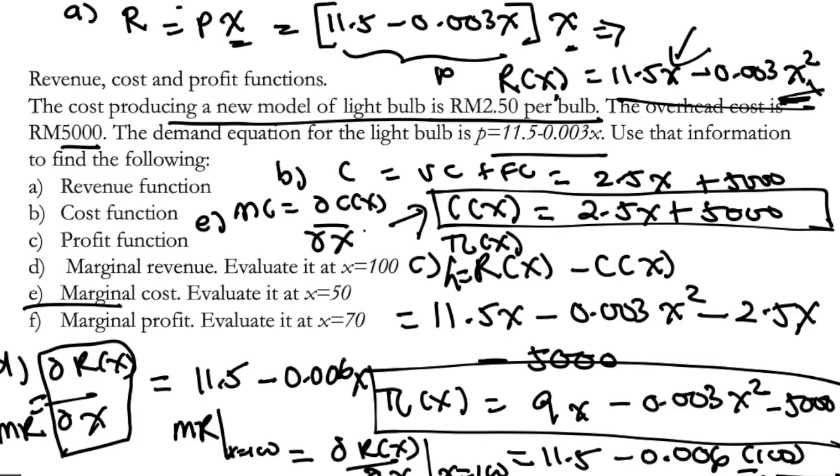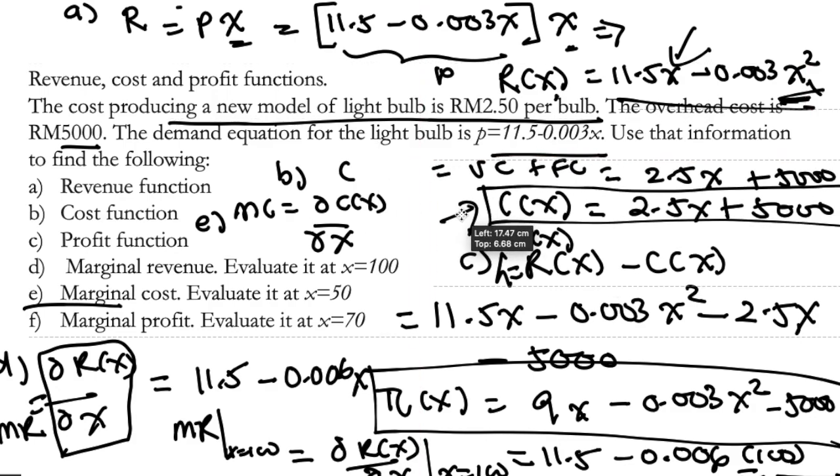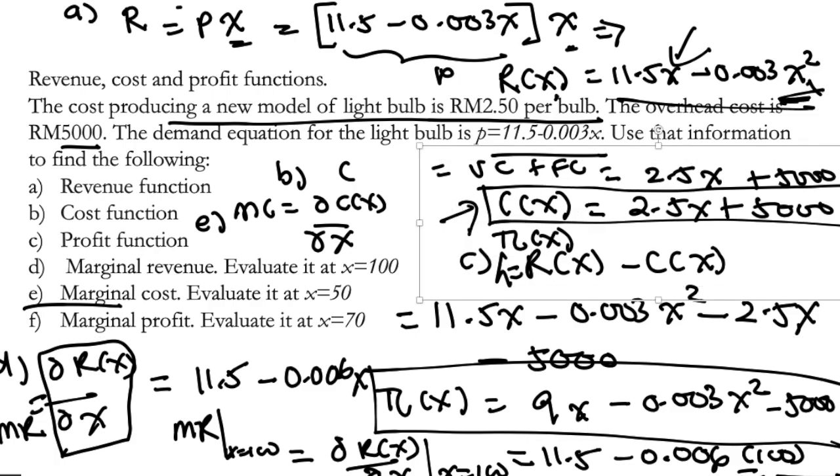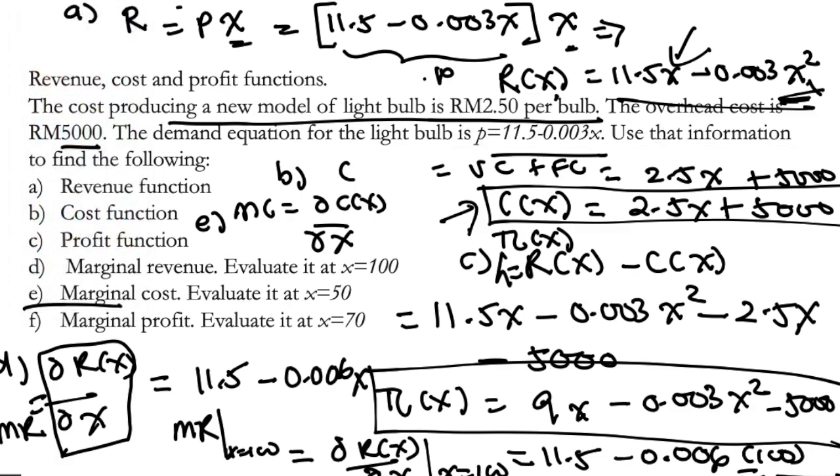Look at me. Now in this case, let me erase some part here. Or I move a little bit here. That's a good thing about using digital pen. But anyway, all right, so here you differentiate it. What do you get? You're going to get 2.5, but evaluate it at x equivalent to 50. If you evaluate it at x equivalent to 50, what's the answer? Let me move it a little bit.